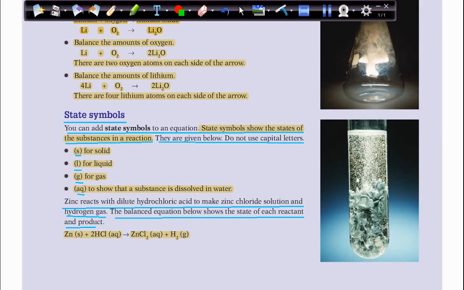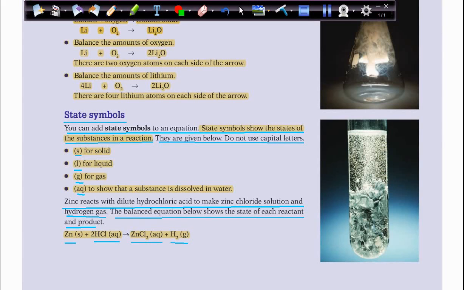So here I have solid zinc, aqueous HCl, which is hydrochloric acid, give us aqueous ZnCl2, which is zinc chloride, and hydrogen gas. So we have to use these small letters to show the states of the substances inside the reaction.